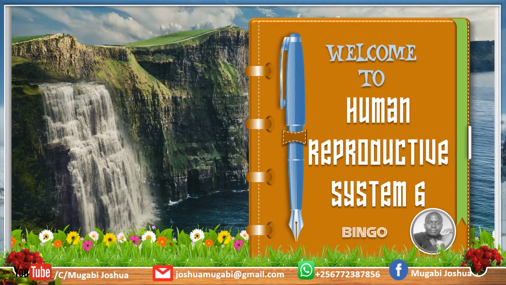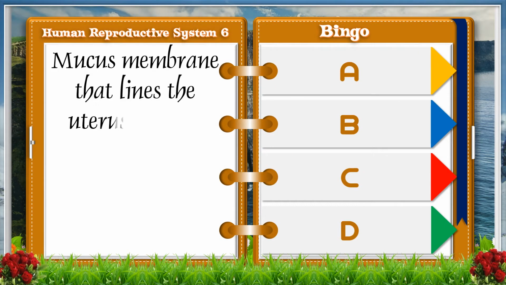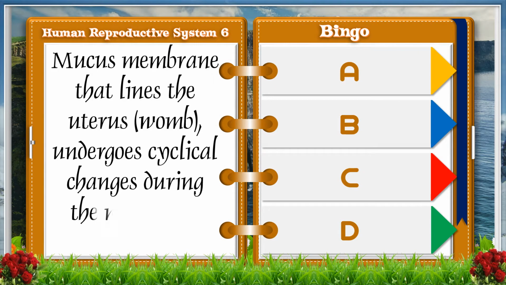Without wasting any of our time, let's go directly to our quiz. Mucous membrane that lines the uterus undergoes cyclical changes during the menstrual cycle.